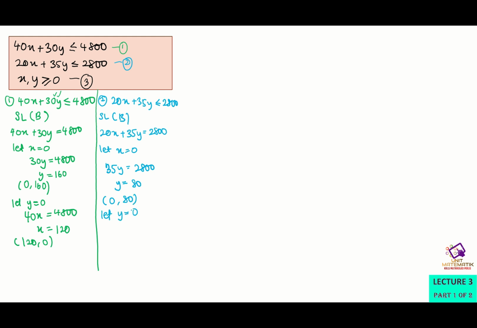Then the second point, okay. And then the last inequalities where we have x, y greater than or equals to 0. Ensure that your graph is in the first quadrant only.